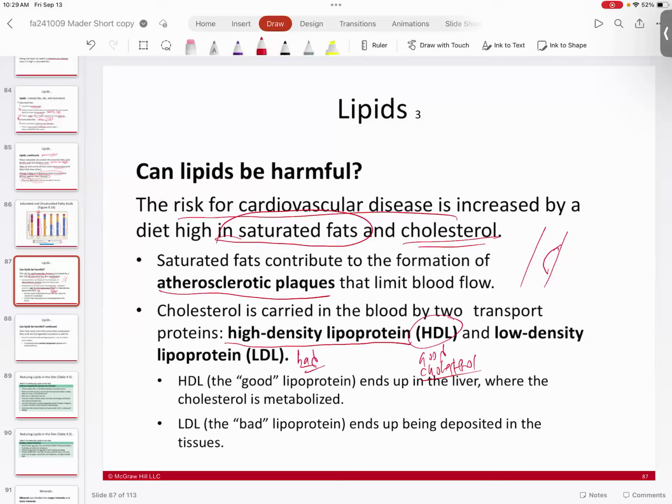So basically the HDL, the good cholesterol, is the one that ends up in the liver where the cholesterol is metabolized, and it basically helps to reduce plaquing. The bad cholesterol typically is deposited in the tissues, and this is the one that gets lodged in the arteries.